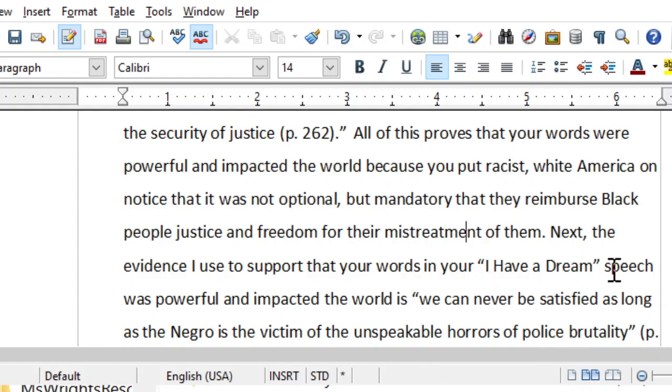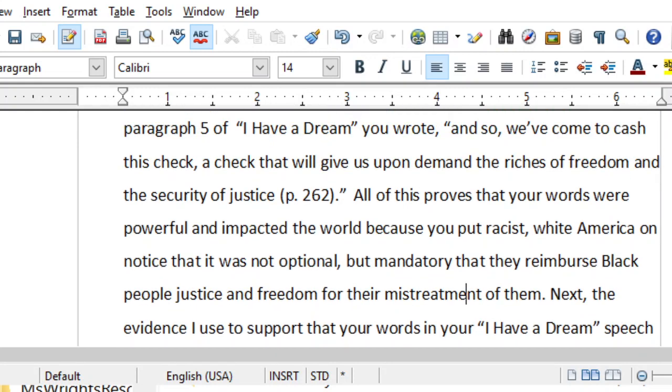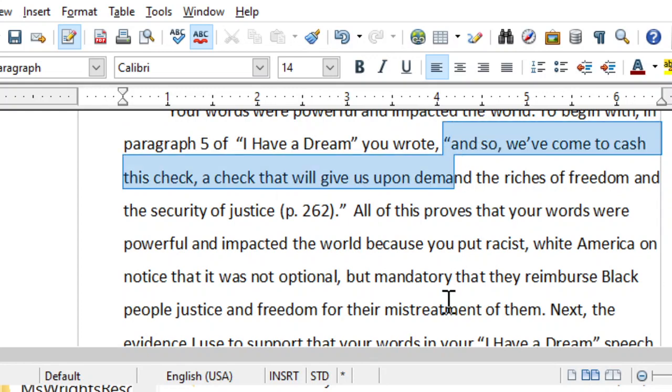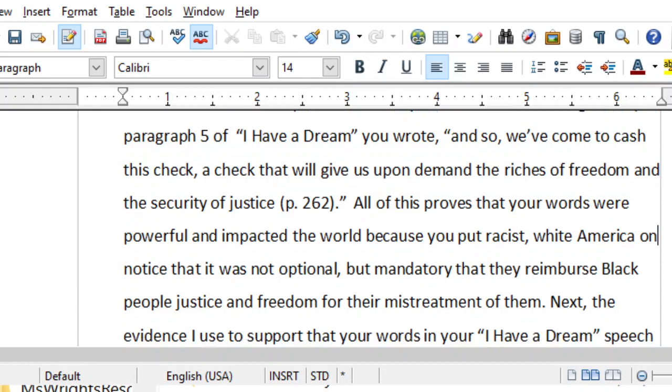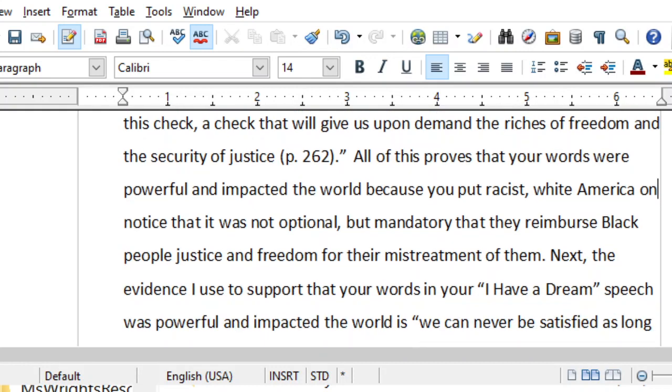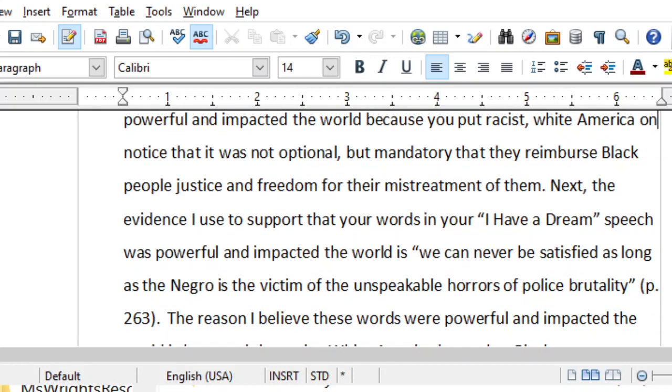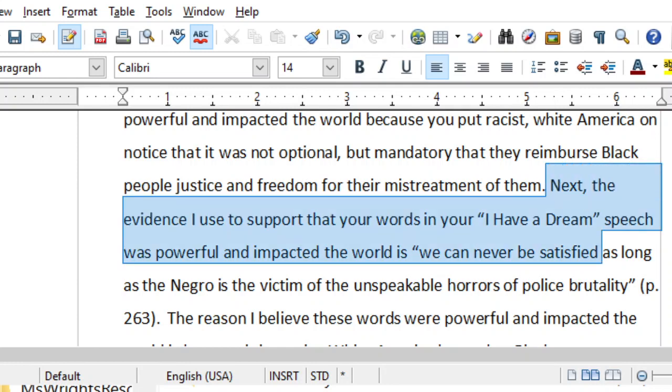So I explained why I thought this sentence right here was powerful. All right, so now I need another sentence, a completely different sentence. So we're right here. Next, the evidence I used to support that your words in your I Have a Dream speech were powerful.